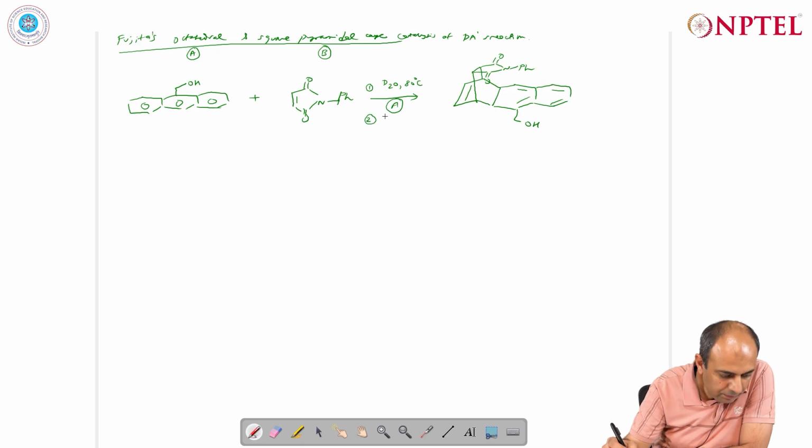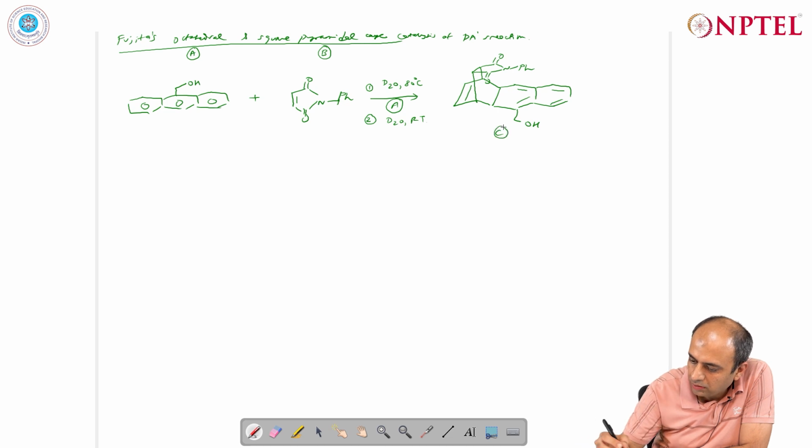In the second step, we have at room temperature, and this gives rise to the formation of this product C.